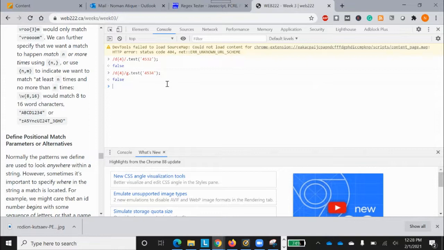Still it is false. I guess it should not give false. I don't know why it's not giving what it is supposed to give. Can you check what the problem is? Maybe we are using the string. Okay, yes, you may be right. Still it is false, because now we are testing 4 digits.